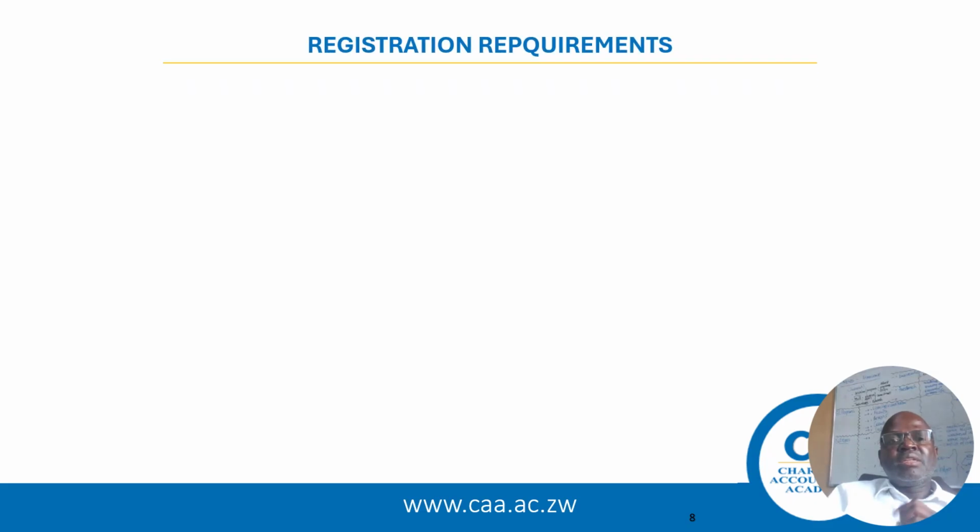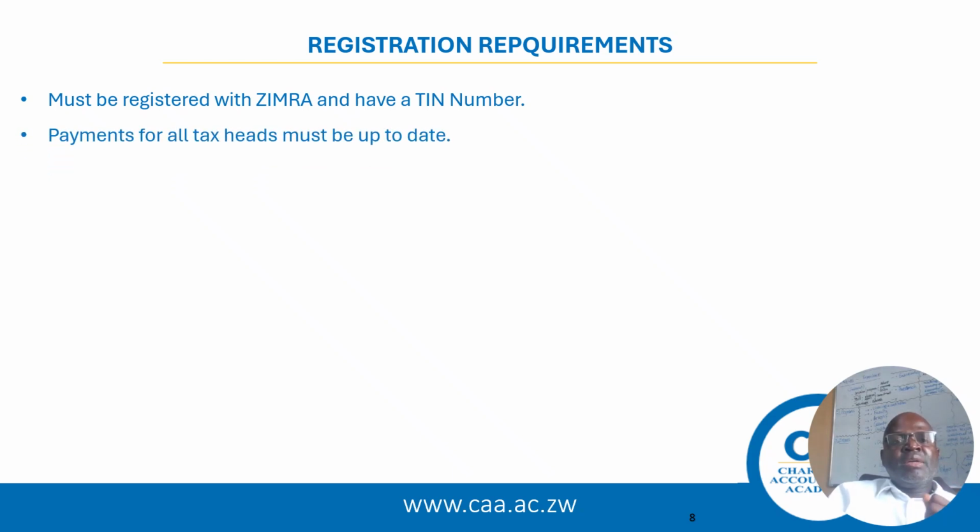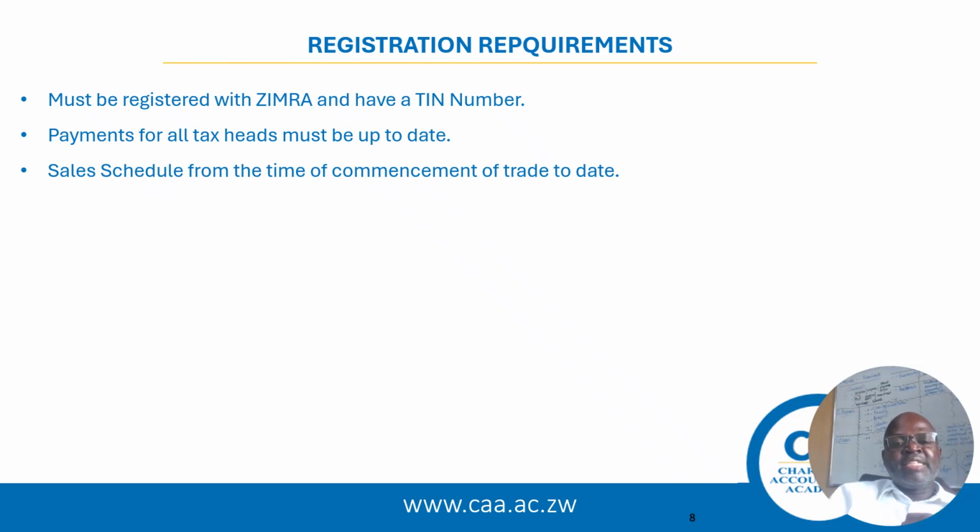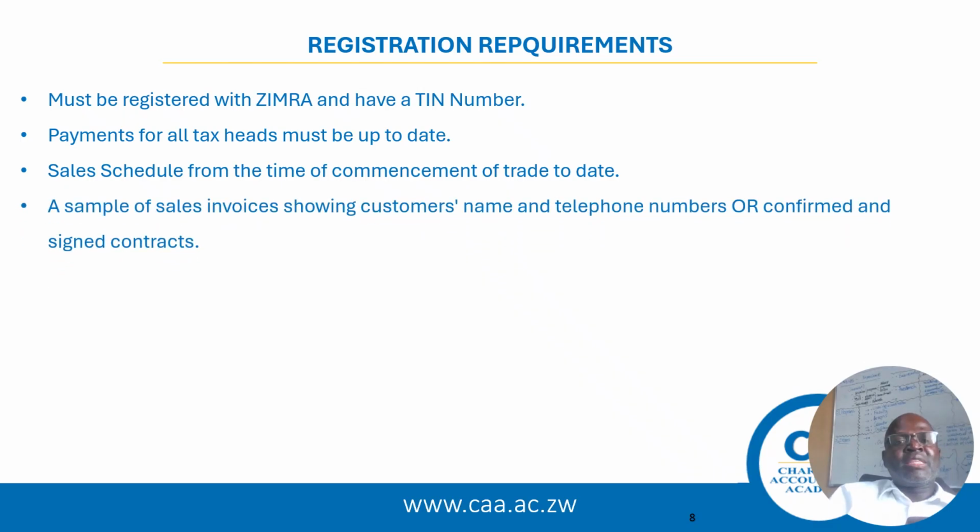So let's look at requirements for registration. You must go to Zimra and register, and you are given a number. Payments for all taxes must be up to date for you to become registered. Otherwise, you don't get a tax clearance. You need a sales schedule from the time of commencement of trade to date so that they can validate these prescribed amounts and thresholds.